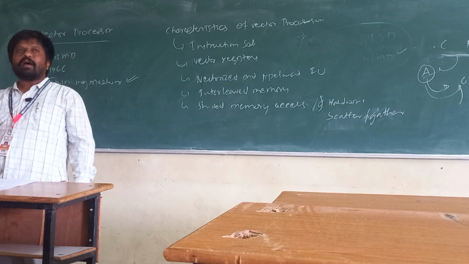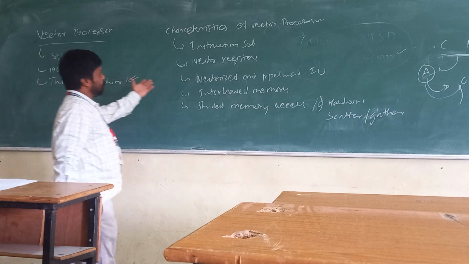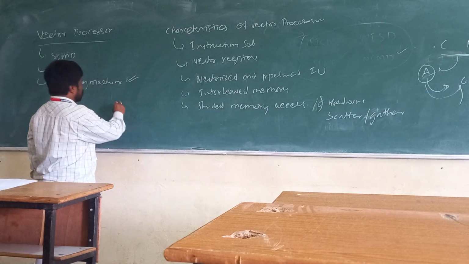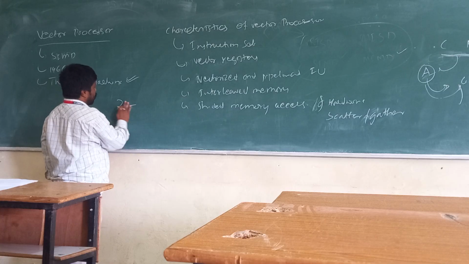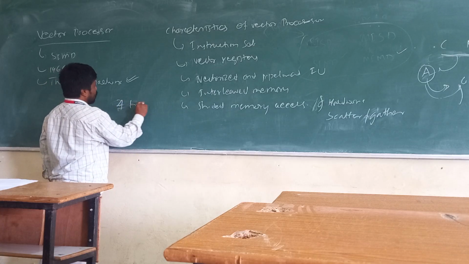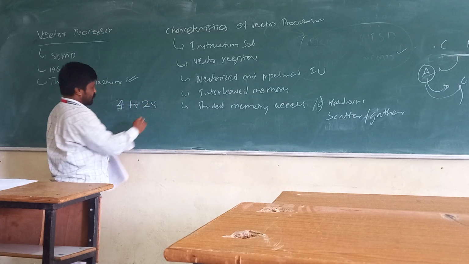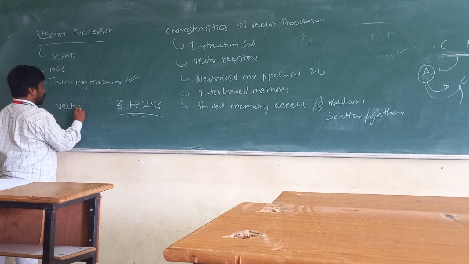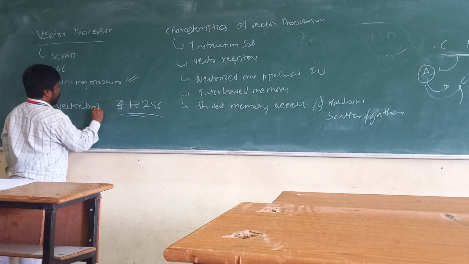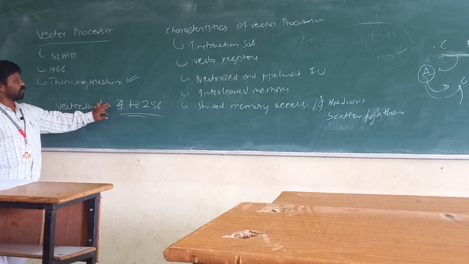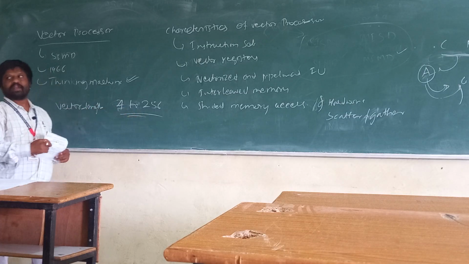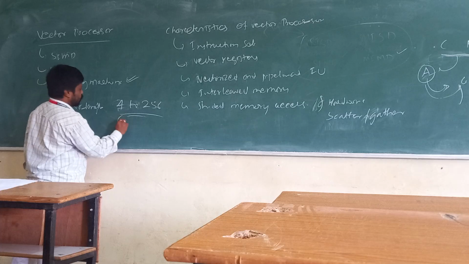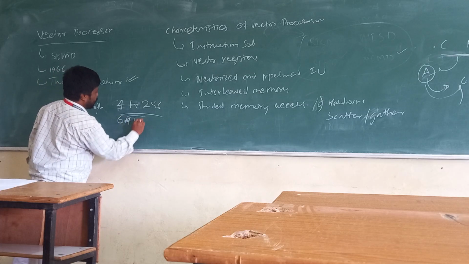But a vector processor can store values with a vector length of around 4 to 256. We call this the vector length, and each element is a 64 bit value.